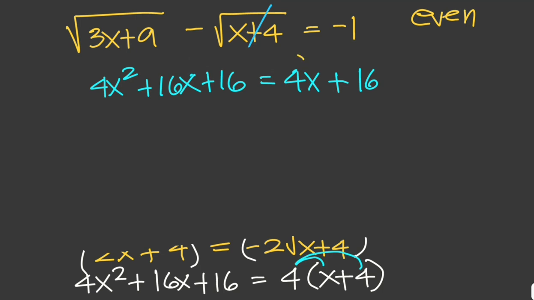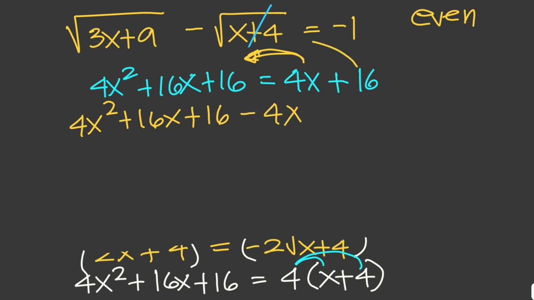We can transpose 4x plus 16 to the left. This would become 4x squared plus 16x plus 16. We transpose 4x here. This would become negative 4x. Then the positive 16, transpose that to the left, it will become negative 16 equals 0. And then we combine like terms. So we can combine 16x and negative 4x.